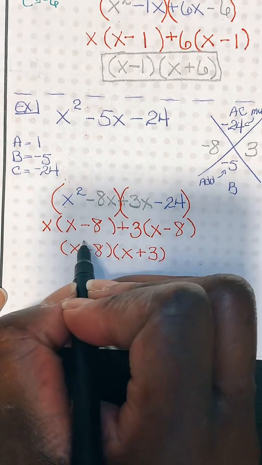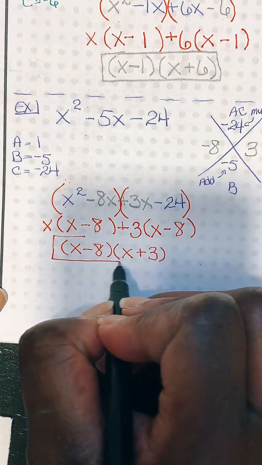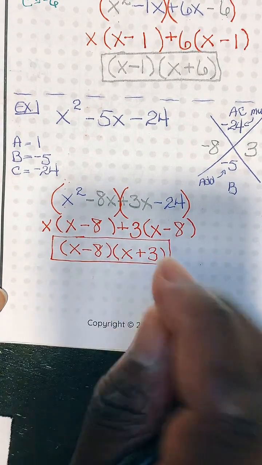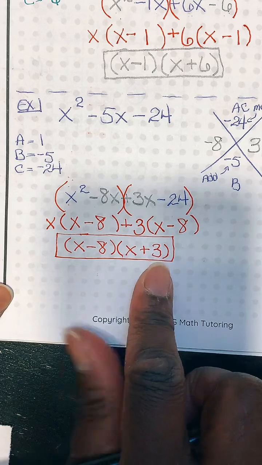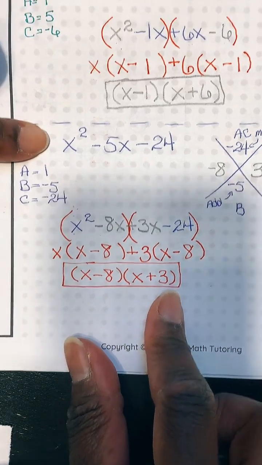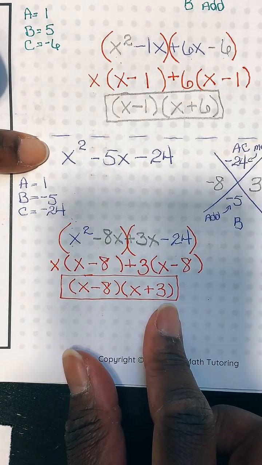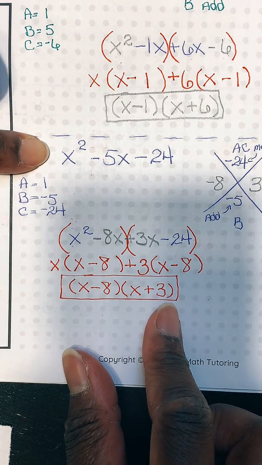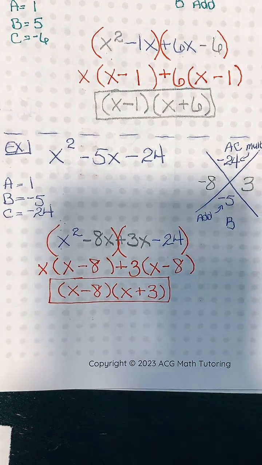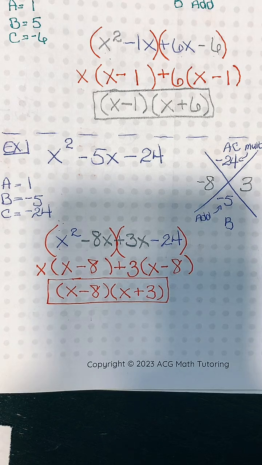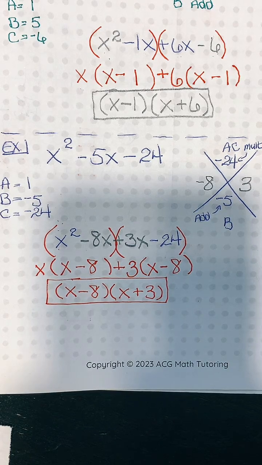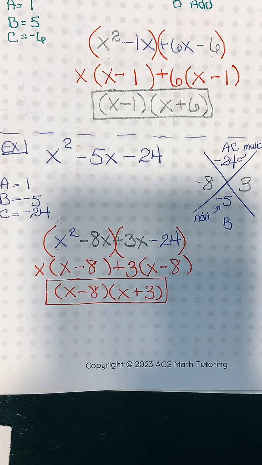So what we just found was the factors of my original trinomial. Okay. Yes. See, grouping is fine. To a point. Grouping is fine to a point.